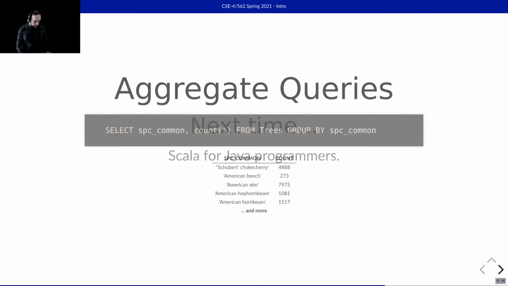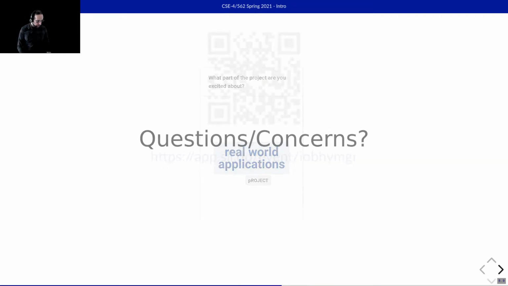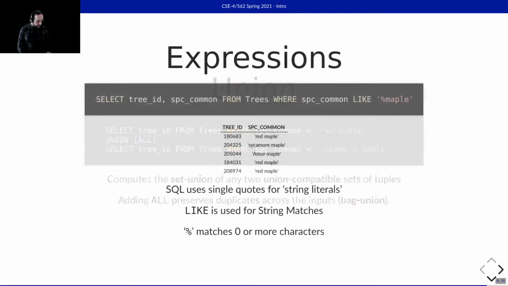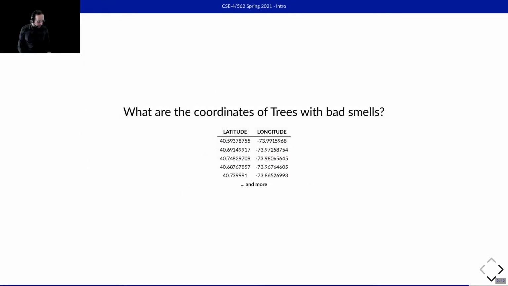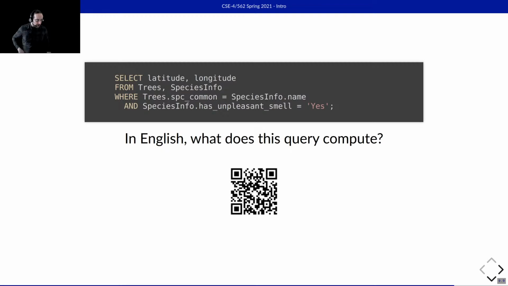For example, this query here is a join. I'm taking records from the trees table and records from the species info table, and I'm trying to pair them up.